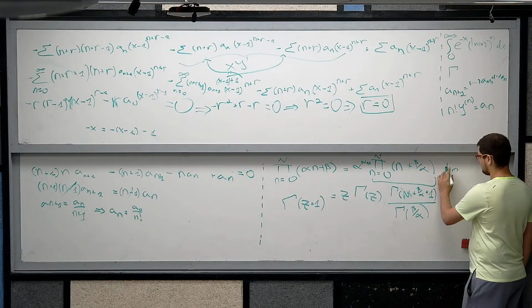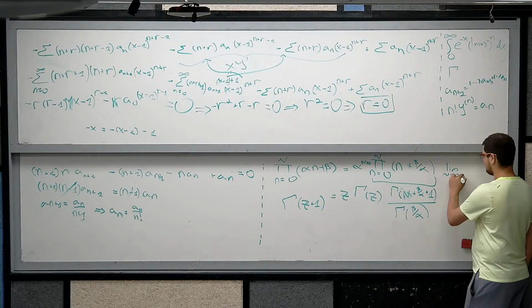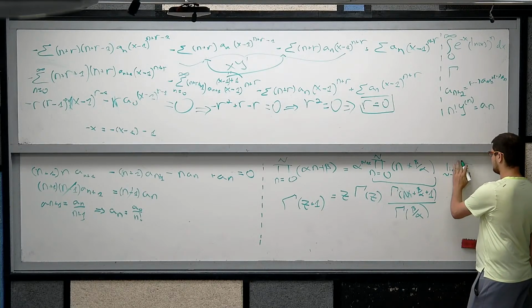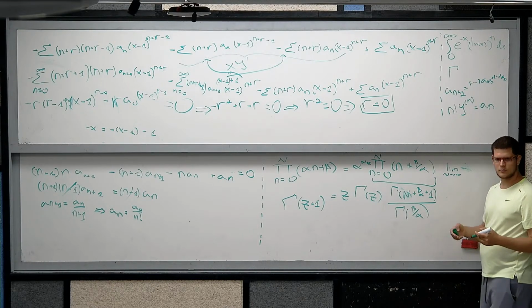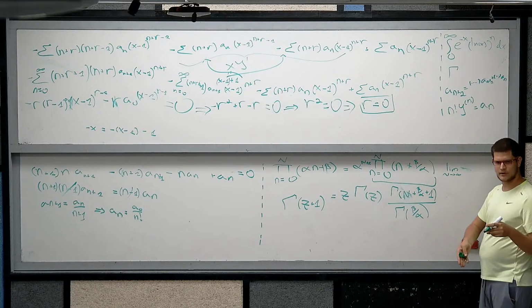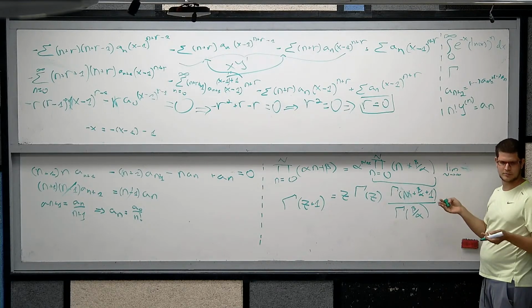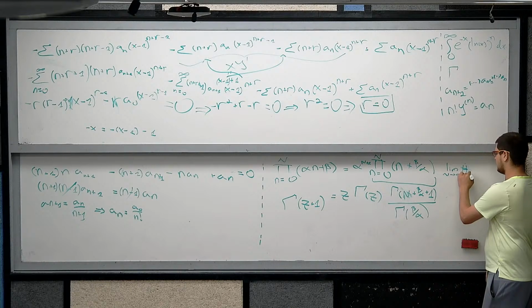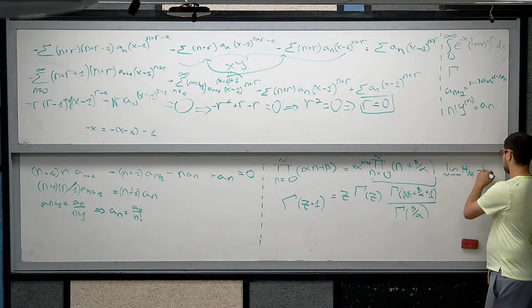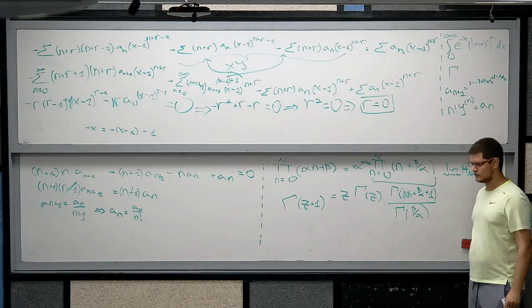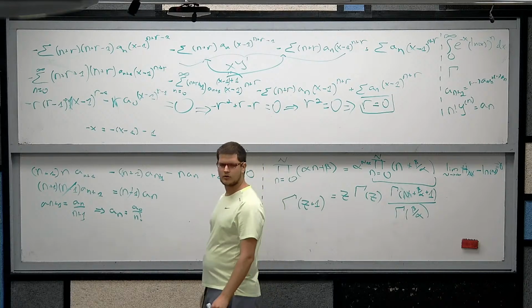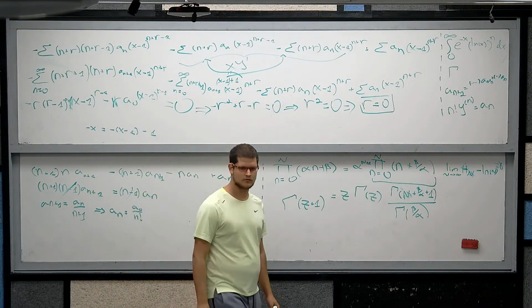Does everyone know what the Euler-Mascheroni constant is? It is the limit as N goes to infinity of the harmonic summation, everyone is familiar with it, right? The sum of 1 over n from n equal to 1 to capital N, minus ln N. That is the definition of Euler-Mascheroni, and it's approximately 0.577.